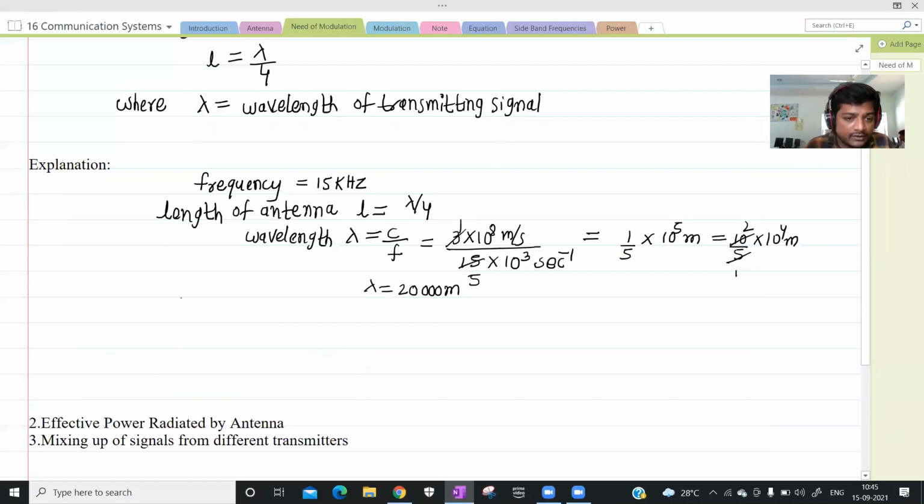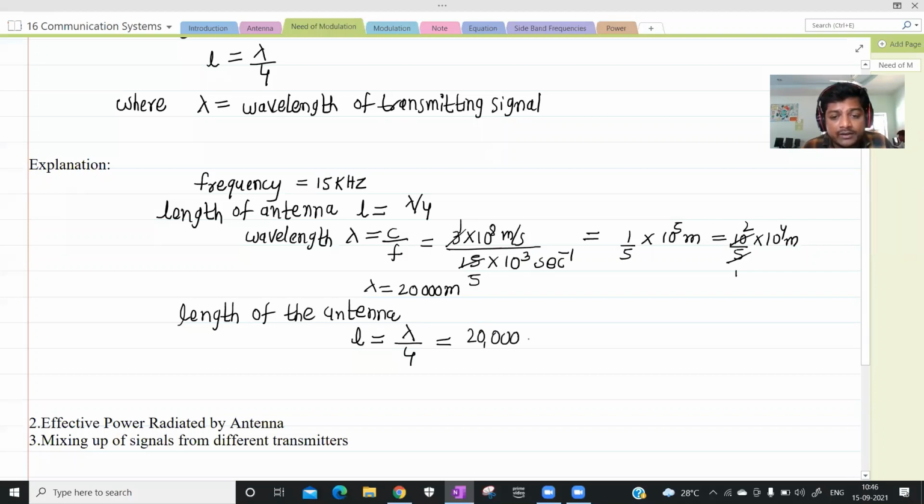Now the minimum length of the antenna is given by L equals lambda by 4. Lambda we are getting is 20,000 meters, divided by 4 is 5,000 meters, which is 5 kilometers.